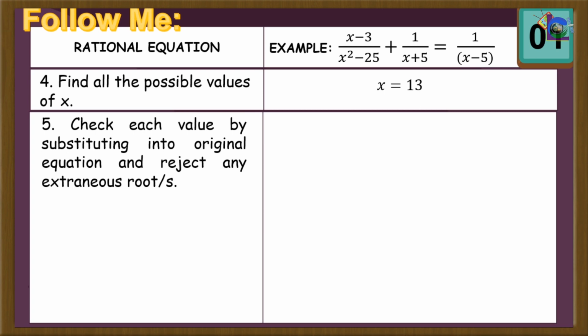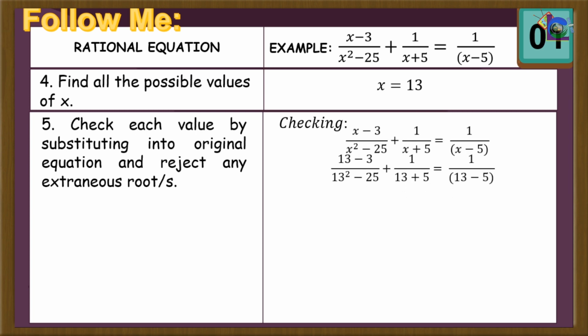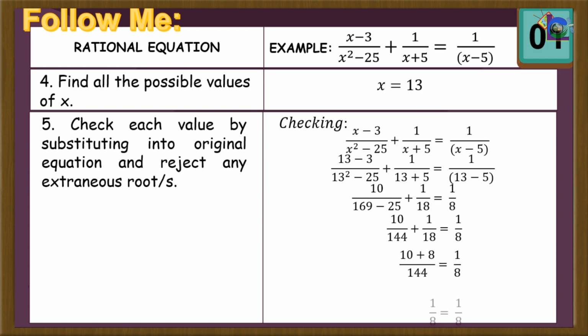In this case, from the original equation, we will substitute the value of x, which is 13. We will perform the operation, and our answer is 1/8 equals 1/8. Therefore, we don't have an extraneous root.